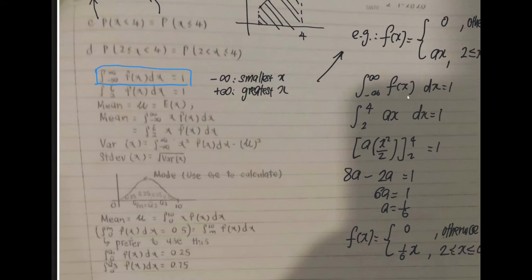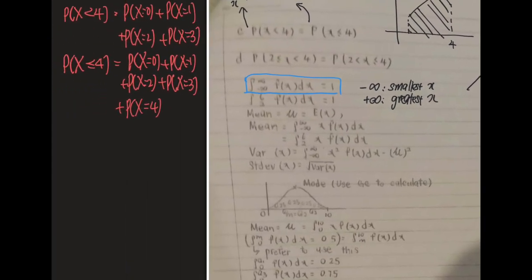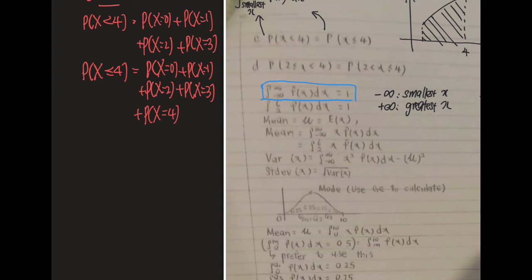Okay, so it's different compared to discrete, right? You see, in discrete, E(X) equals the sum of x times the probability of x. If you still remember the example, we look at the discrete probability distribution table.